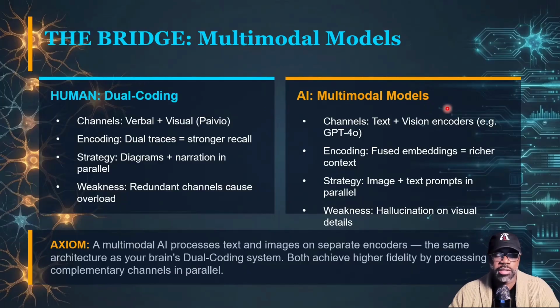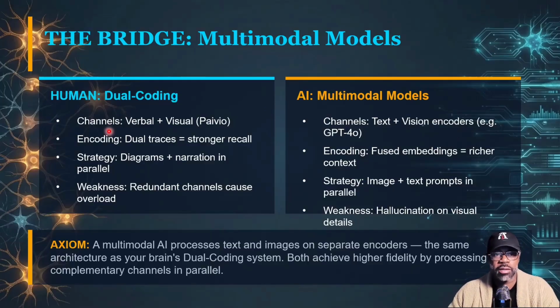And many of us know these as some of the models that allow us to generate not just only text, which was what we were essentially able to do with GPT-2 and GPT-3, but as time passed, over the past 3 or 4 years, we've gotten these very advanced models that now allow us to use text and vision encoders. There's also encoding fused embeddings for richer context. We'll talk about what embeddings are, how information gets encoded in a large language model or an AI system. We'll talk more about that.